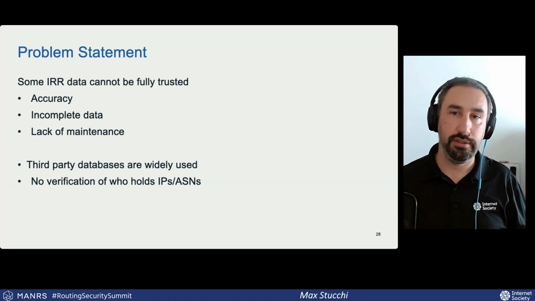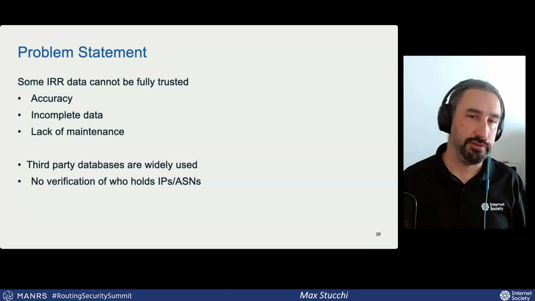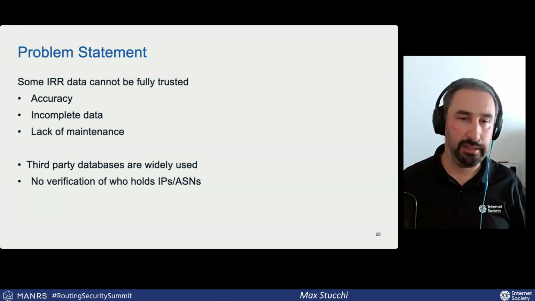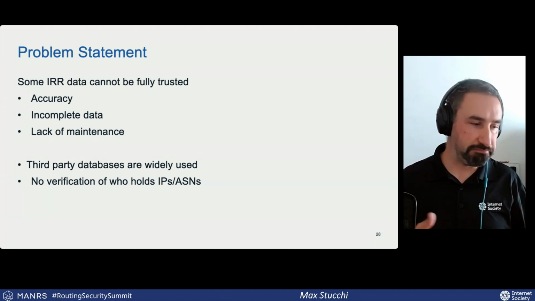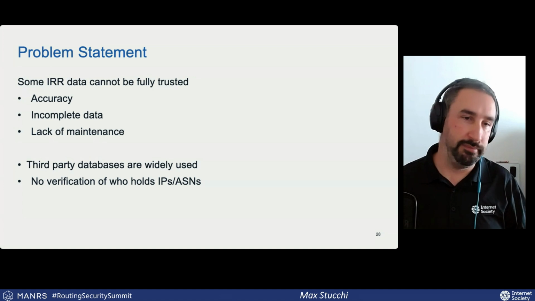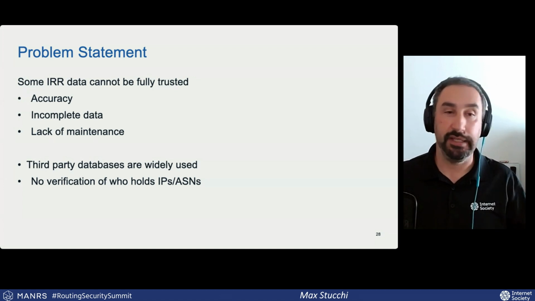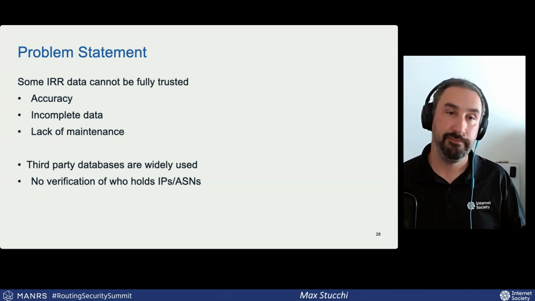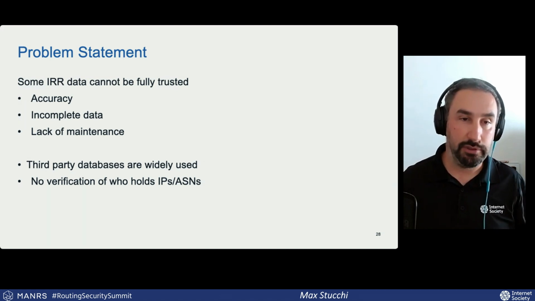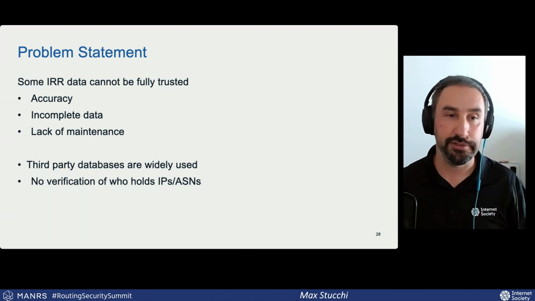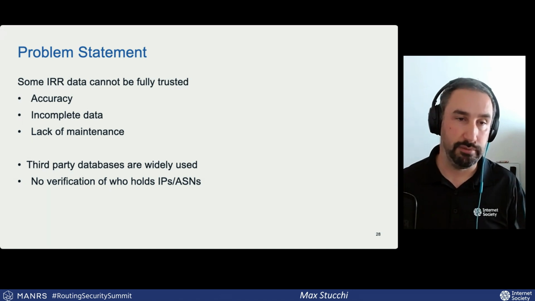Because imagine you today operate one network. So you have your, let's say, like in my case, /22. But then tomorrow, you want to transfer that network to another entity. You transfer that network. The entity changes the route object in the regional registry to point to their ASN as origin.